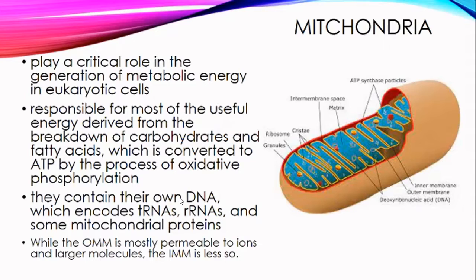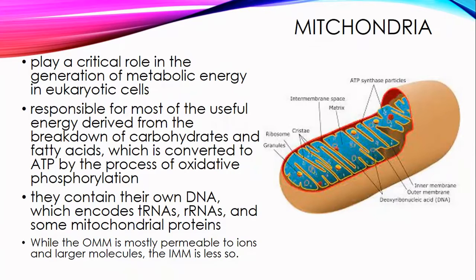Later on, you will see the acronym OMM, which means outer mitochondrial membrane. If it is IMM, that is the inner mitochondrial membrane. It plays a critical role in the production of ATP. So it performs a lot during metabolism.